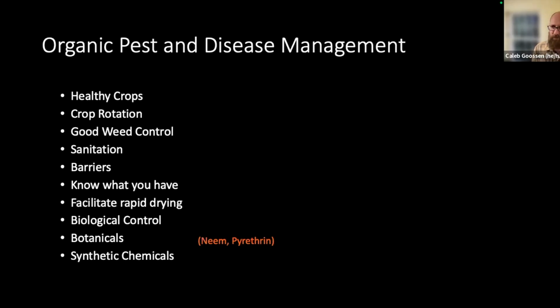And then last, we go to our synthetic chemicals, some of which are like a mined material that's maybe been processed a little bit. So copper as a fungicide, sulfur is one of our better controls for the powdery mildews. Oils can control some diseases like powdery mildew, but don't apply sulfur and oil at the same time because you would actually cause more damage to your plant than the mildew would have.